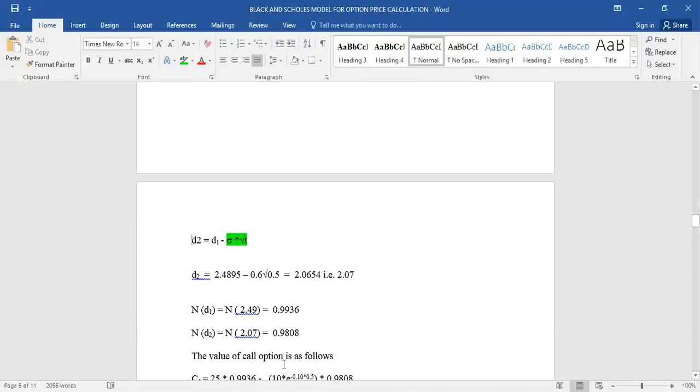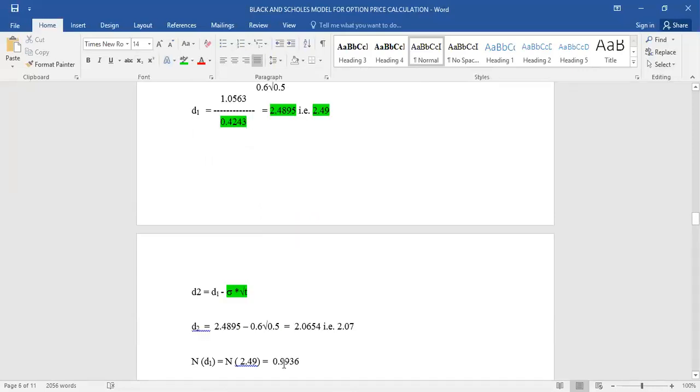We had the answer for D1, it is 2.4895, and from there we deduct 0.4243, and we get 2.0652, or it will be rounded off to 2.07. So that we'll be using subsequently.